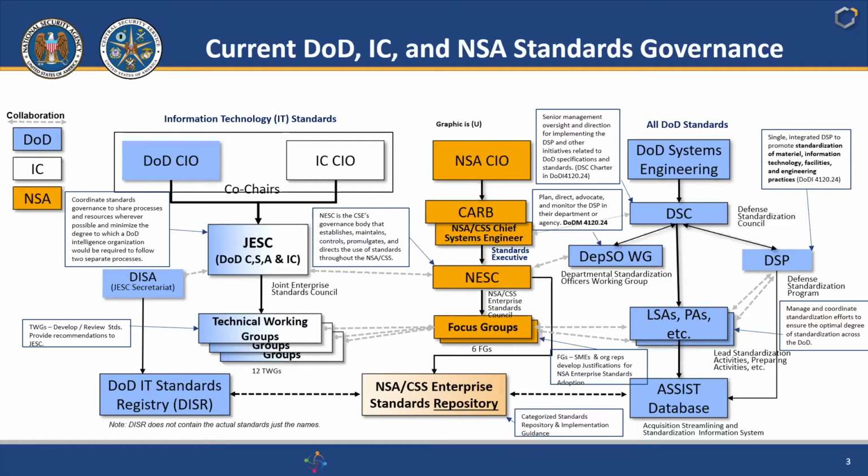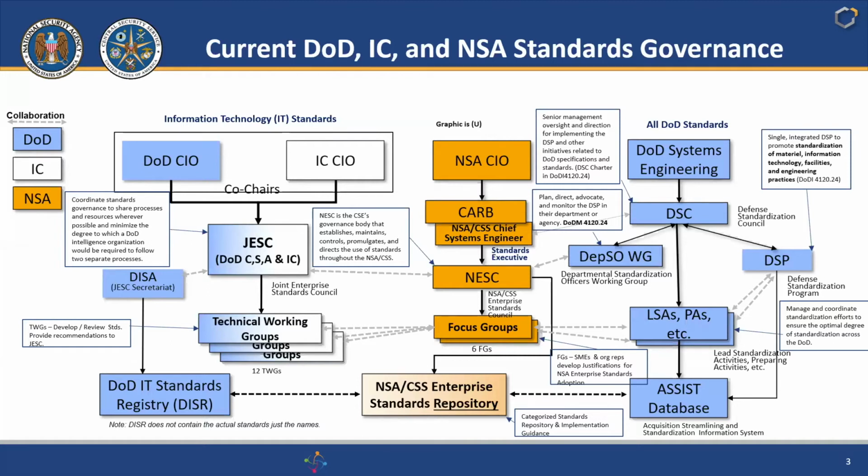He has delegated that down to our chief systems engineer, who is my chief, actually. And he is really the approval authority for most of the standards at NSA, with the exception of the IT standards, which are delegated to the Capabilities Architecture Review Board, or CARB, as you see.